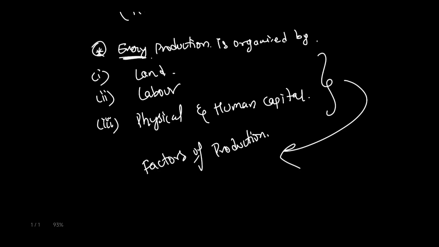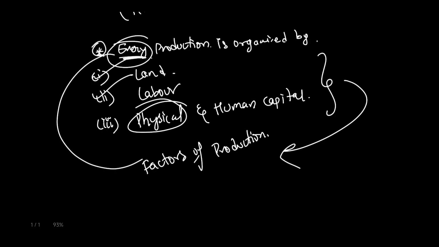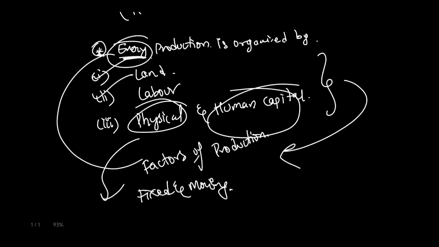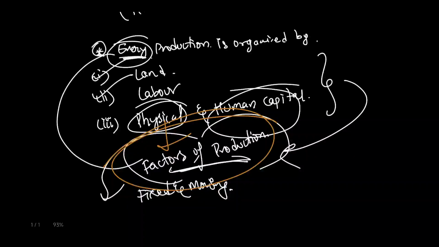You should never forget that for every production, it might be any production, including data centers, we need land, labor, physical capital, which consists of fixed and moving capital, and then human capital. These in total are called factors of production.